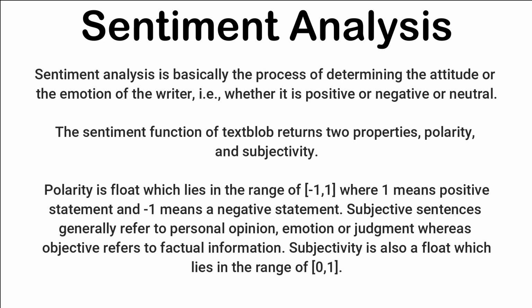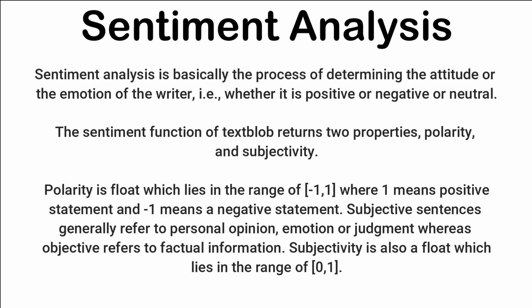So what is polarity? Polarity is a float value which lies in the range of -1 to 1. If we get a polarity value between -1 and 0, then the attitude of the writer is negative. If we get -1, this means that the sentence is very negative.